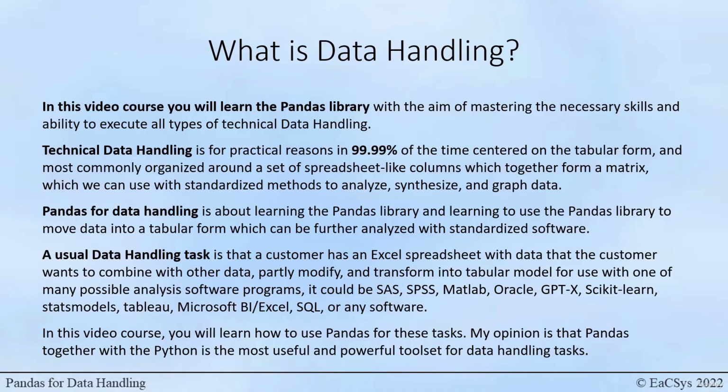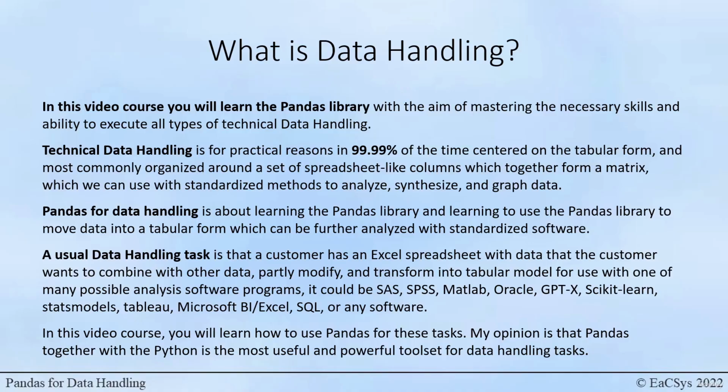Pandas for data handling is about learning the Pandas library and learning to use it to move data into a tabular form, which can be further analyzed with standardized software or libraries. A usual data handling task is that a customer has an Excel spreadsheet with data that the customer wants to combine with other data, partly modify, and transform into a tabular model for use with one of the many possible analysis software programs.